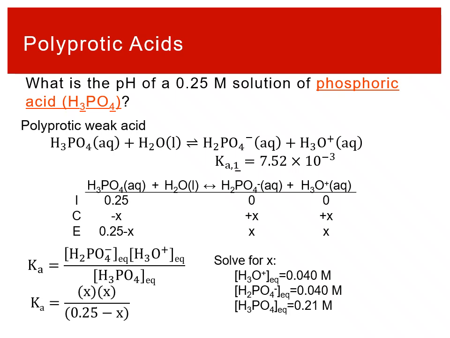You can figure out the equilibrium concentrations: 0.04 molar for hydroniums and for the H2PO4-, and 0.21 is left for the H3PO4. Using what we've learned previously about weak acid pH, nothing too crazy here. You can figure out the pH would be 1.4 from that hydronium.